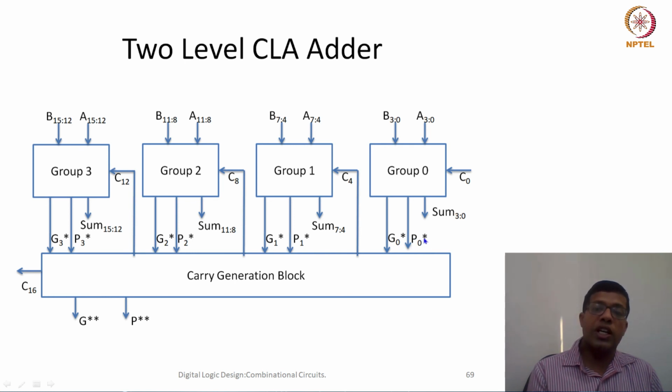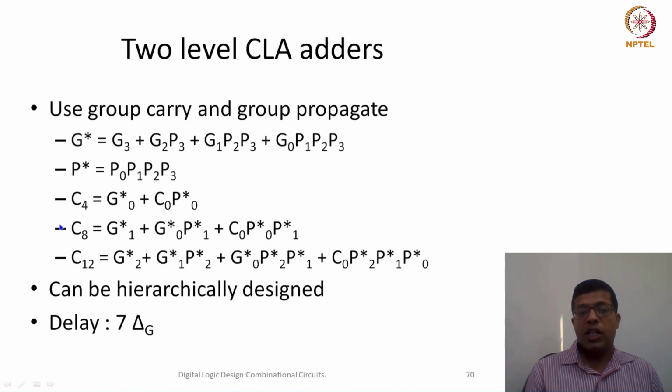So basically to generate group propagate signals there would be 2 gate delay, and similarly to generate C4, C8, C12 and C16 it would require another 2 gate delay. So 2 plus 2 plus 1, and then finally there would be 2 gate delay to generate this final sum. So the total delay would be 7 gate delays, which is even lesser than the 11 gate delay we received previously.